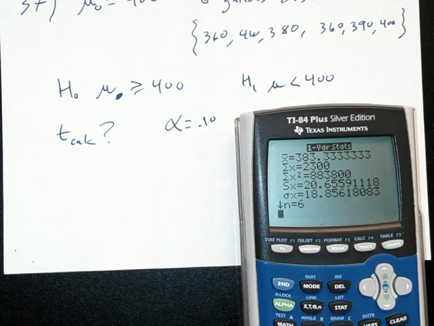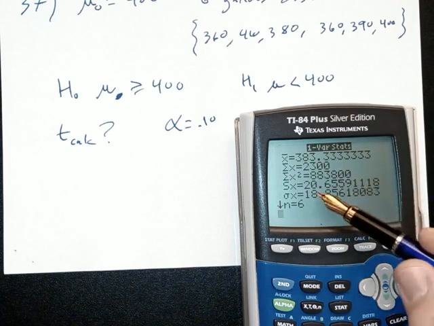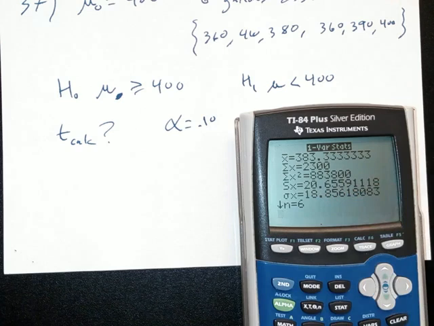Why? I'm using S because the sigma assumes this is the whole population and thus divides by something bigger. Divides by n instead of n minus 1. We're using a sample. I'm going to use S. I will go ahead and keep 2 decimal places here for the standard deviation. So I'll call that 20.66.